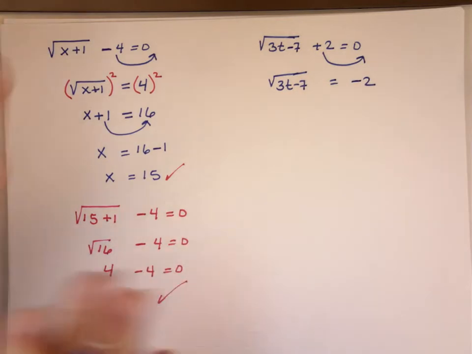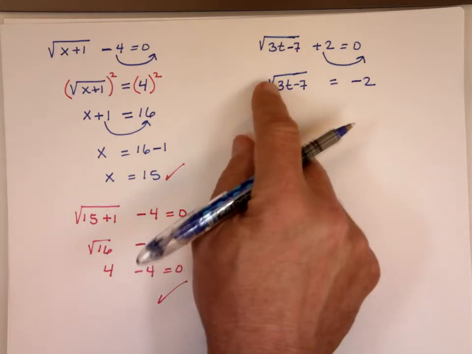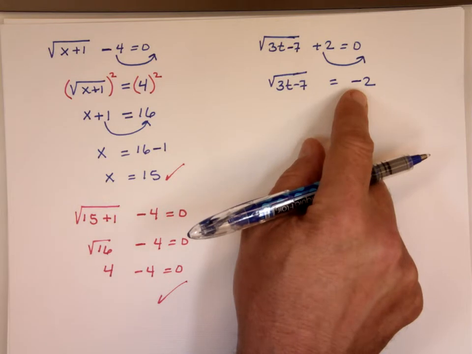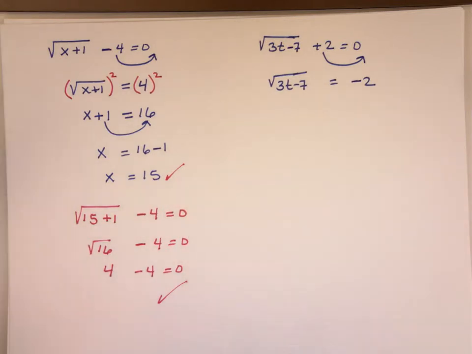Now I know this problem does not have a solution. I can stop right there. Why? Look at this, the square root being a negative number. There is no way on earth that the square root will give you a negative value. So this does not have a solution. But if you didn't see that, let's continue.